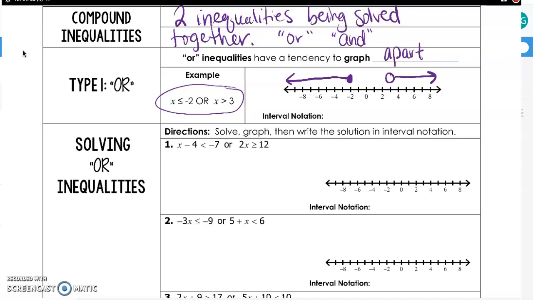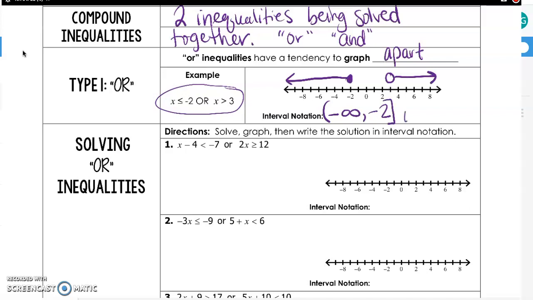So your interval notation, you just do two separate intervals that look just like what we did on the previous lesson. So for this one, we start with -infinity and we go to -2. Remember, infinity and -infinity always have a parenthesis. Since -2 is a closed circle, that means we have a bracket.